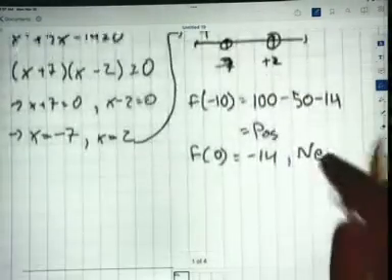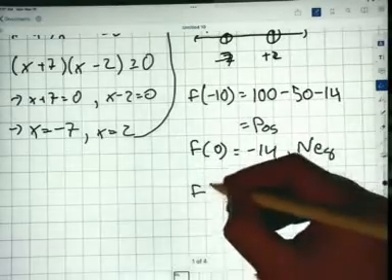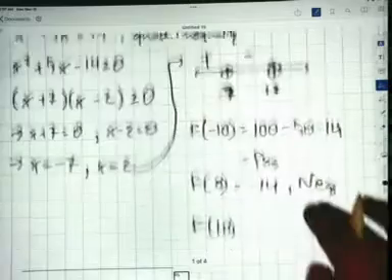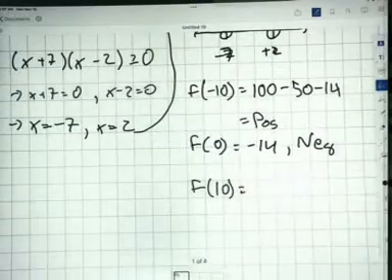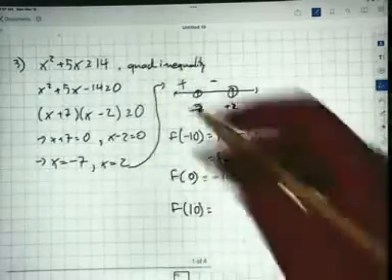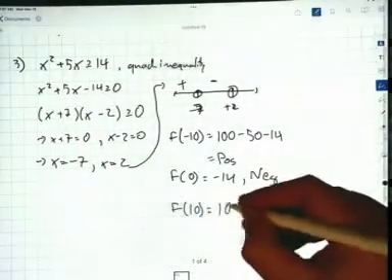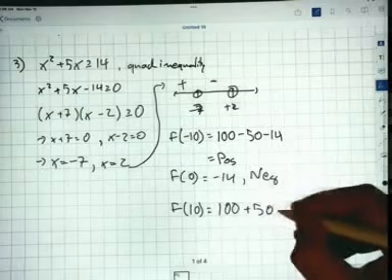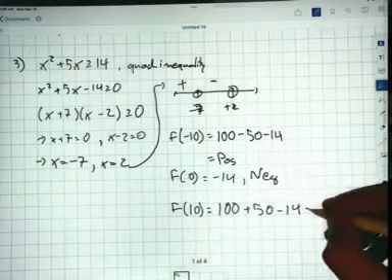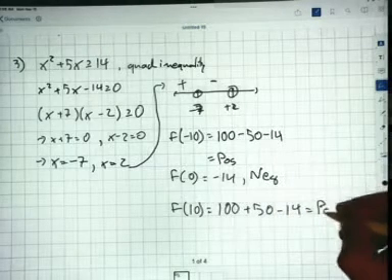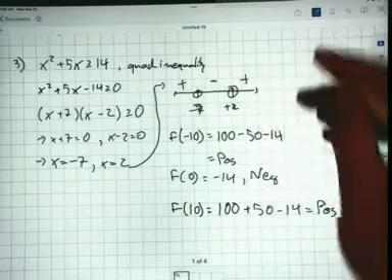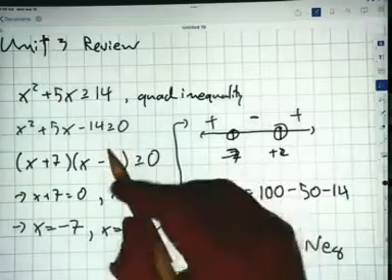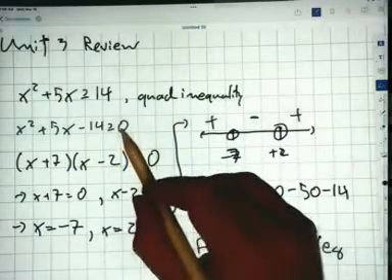Now, because I know what the graph of a quadratic function looks like, I can probably guess that at 2 it's also going to be positive, but let's just plug things in to verify. 10 squared is going to be 100, plus 50 minus 14. You don't have to do a whole lot of work to tell that that is also positive. So going back to the question, when is this function greater than or equal to 0?